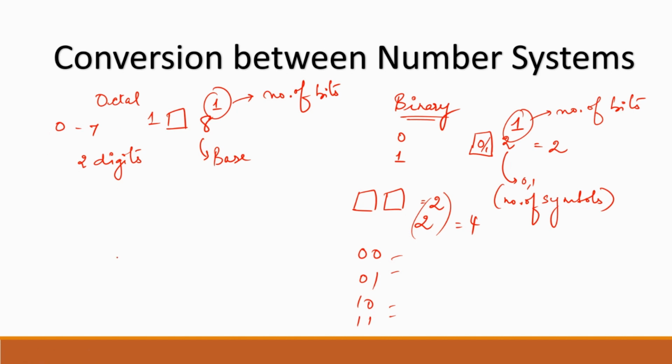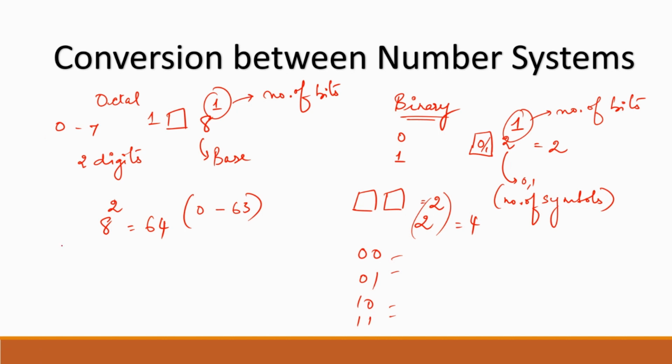On the other hand, if I have two digits in this octal number, the base is 8 and the power here is 2. So 8 square, which means I can have 64 numbers. The numbers would range from 0 to 63. So this is how we can generalize as to how many numbers can be represented, given the base of the number system and the number of digits that are available in the number system.